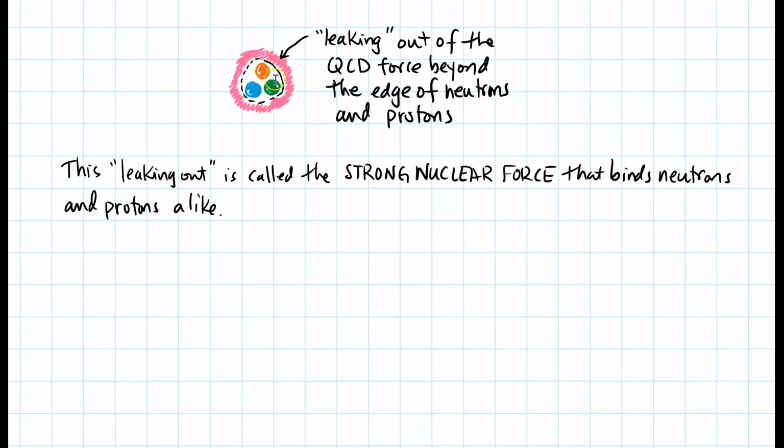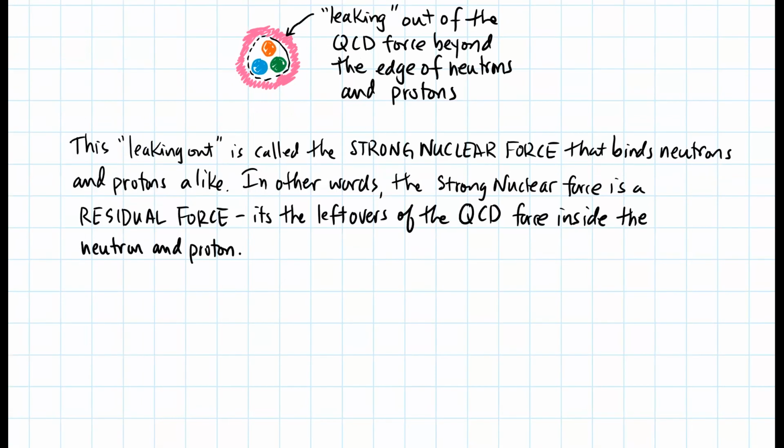Picture-wise, I imagine a proton or a neutron. Inside is where the quarks interact with this QCD force. But there's a little bit of the QCD force that leaks out beyond the edge of the neutron and the proton. This leaking out is called the strong nuclear force, and that's what binds protons and neutrons. In other words, the strong nuclear force is a residual force.